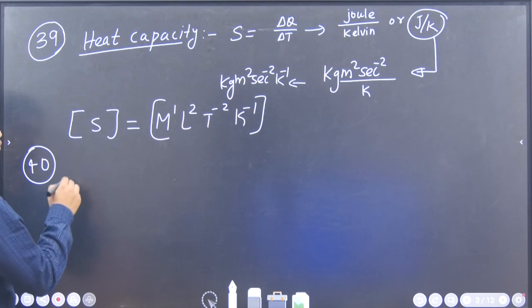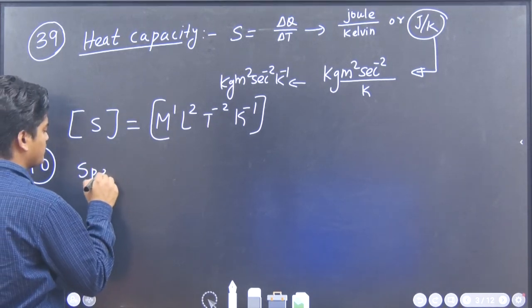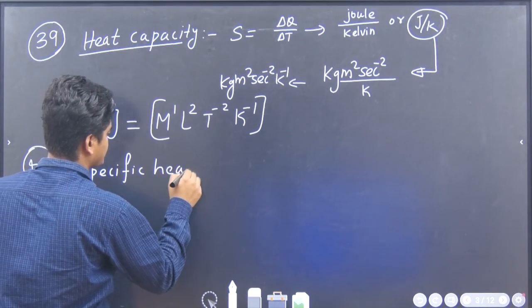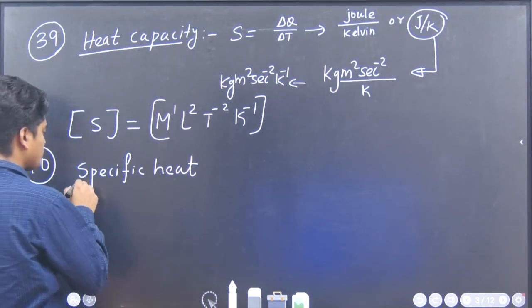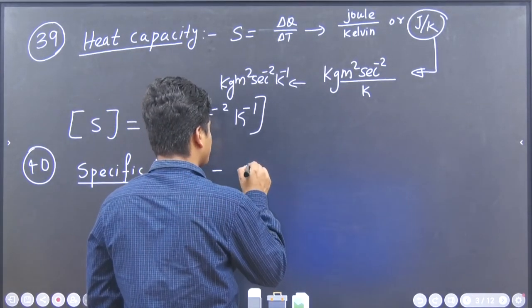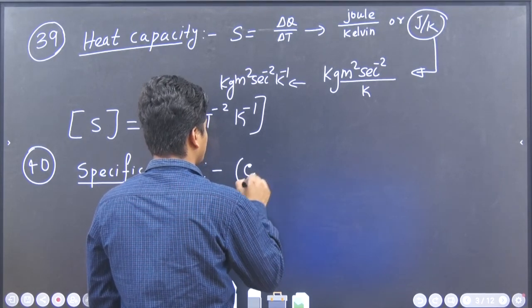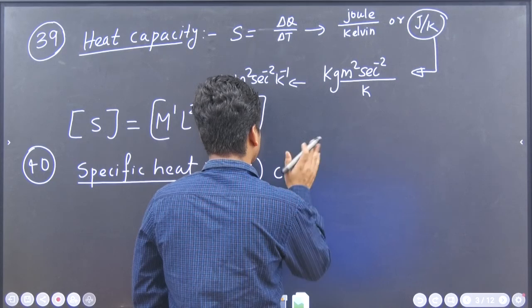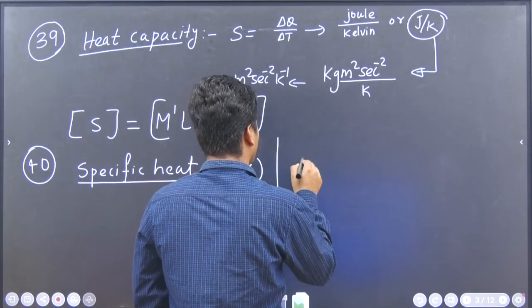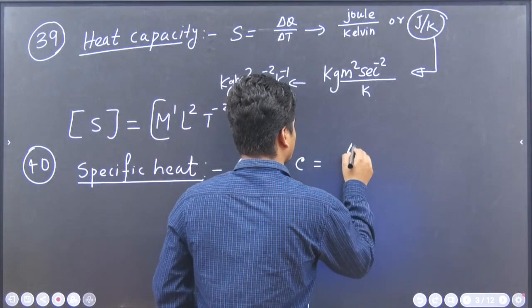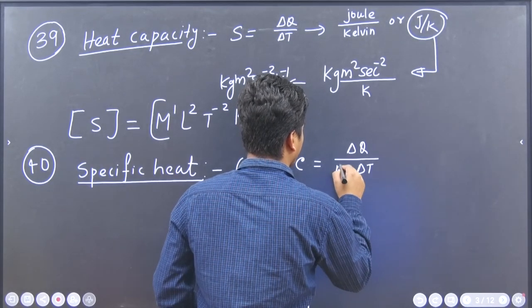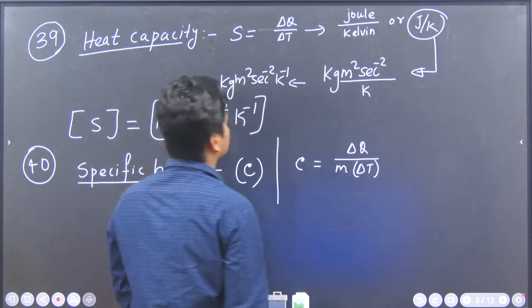Now I will go to the next, that is called specific heat. The symbol you can give is small c, and small c is nothing but heat by temperature change, but per unit mass.